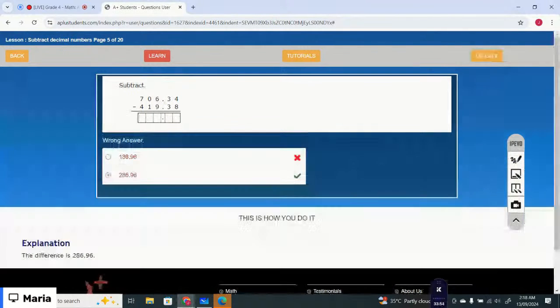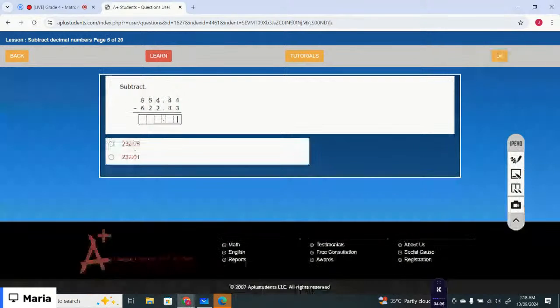Okay, the next one is that's option 2. Okay, let's just start with the test questions. Please do not guess the answers. Use your notebook and pencil to solve and then write the correct option. Okay, subtract 854.44 take away 622.43.